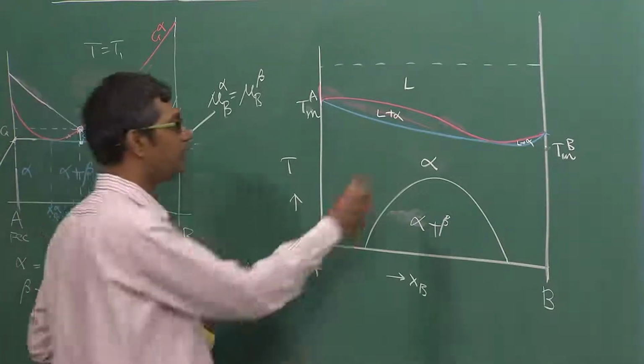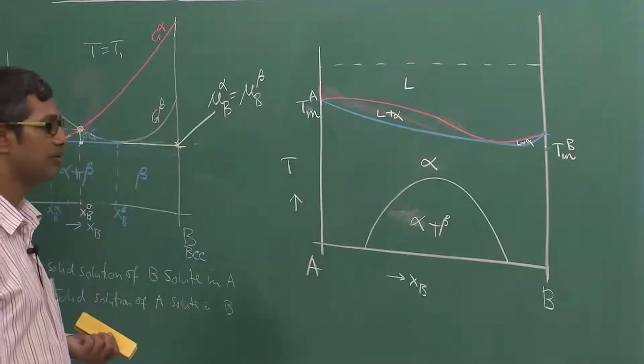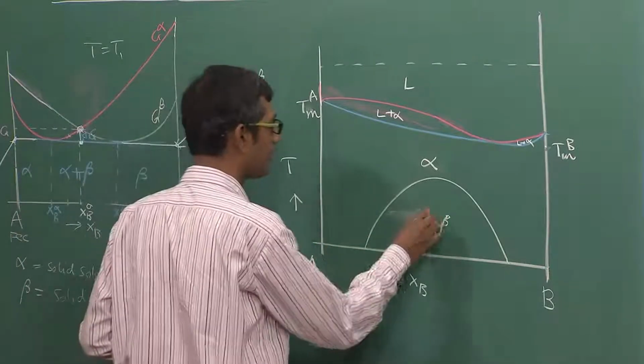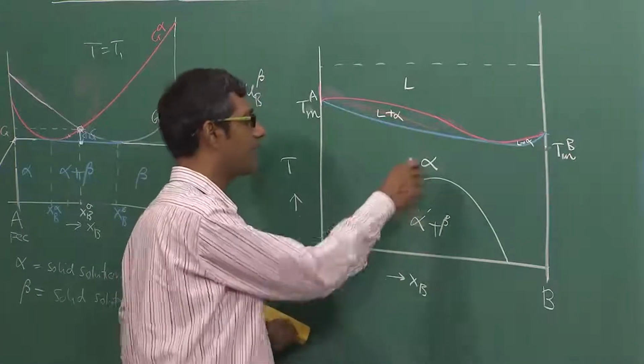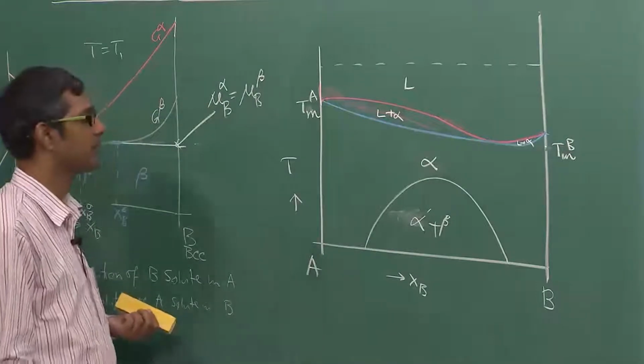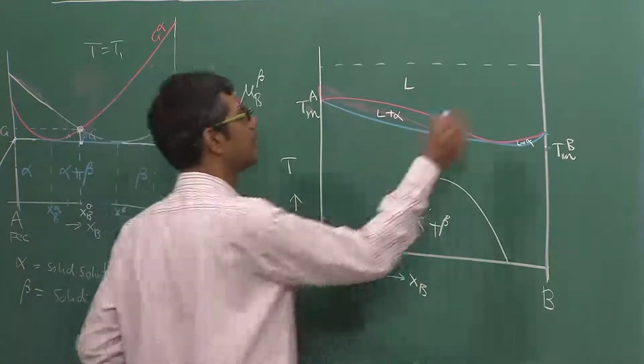The alpha phase forms and then it transforms into two solution phases, alpha prime and beta. It's better to write alpha prime and beta because alpha prime may be the same phase but with different compositions possible, a different stability range. So how will we draw the free energy composition diagrams?